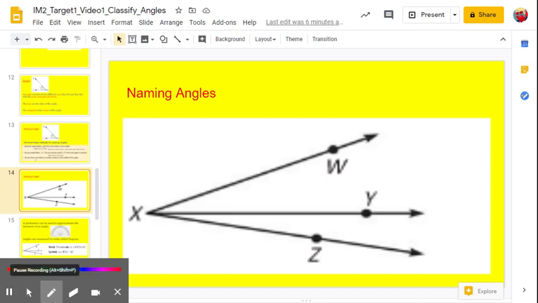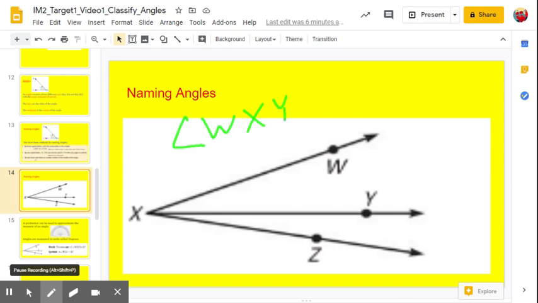Okay, so I see three angles here. I see angle W, X, Y. That's this angle right there. Let's change colors here. I see angle Y, X, Z. That would be this angle right here.